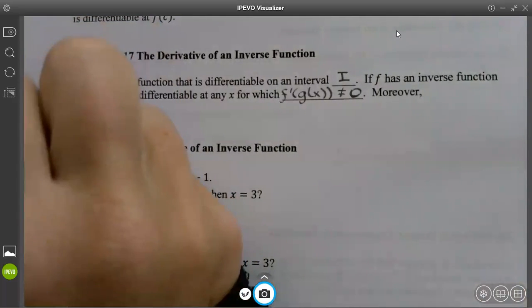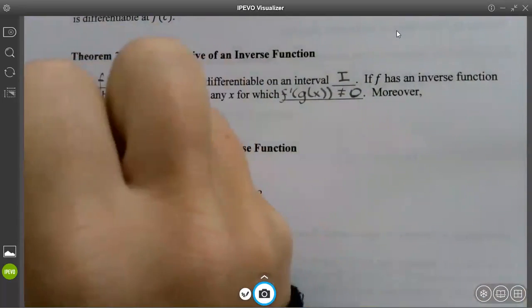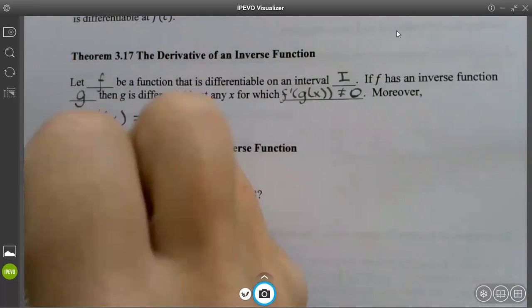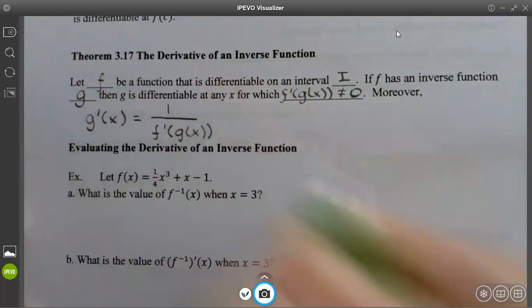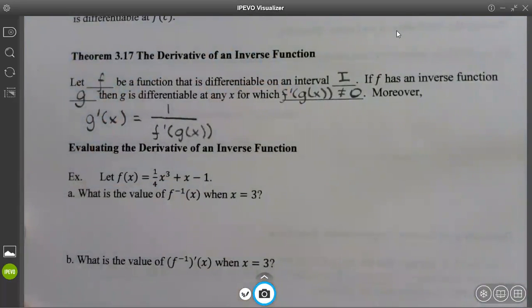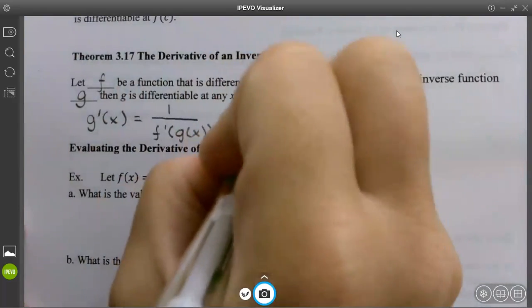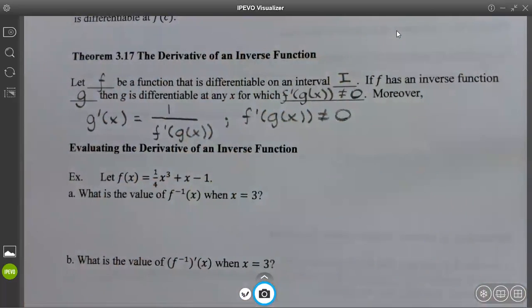Moreover, g prime of x is equal to 1 over f prime of g of x. And remember, that's when f prime of g of x is not 0. And that's why it can't be 0, so we don't divide by 0.